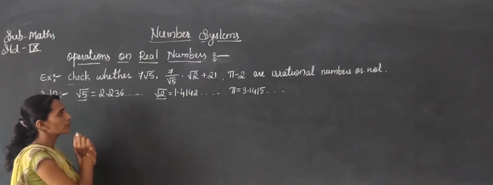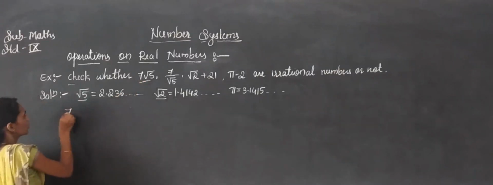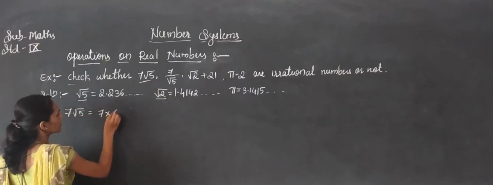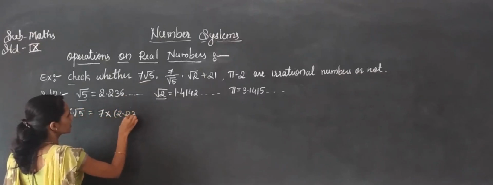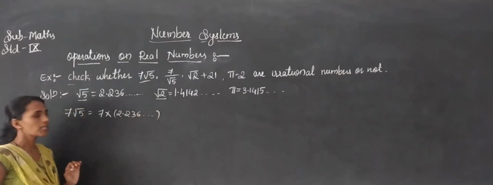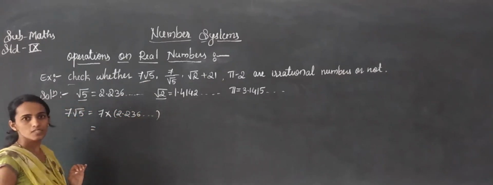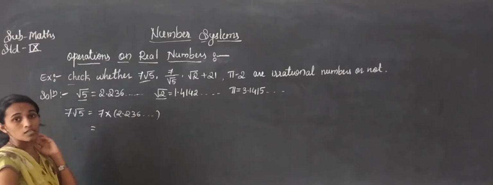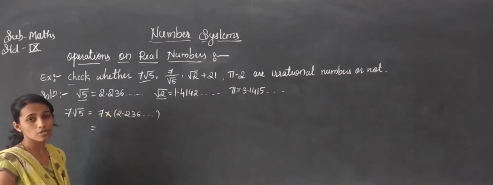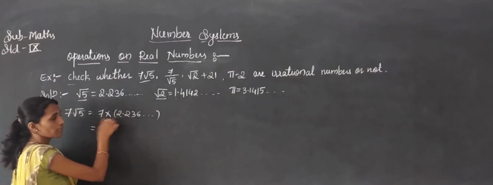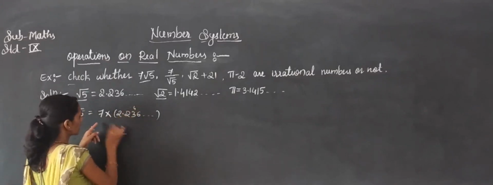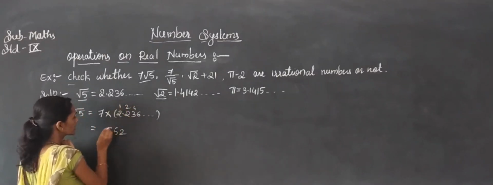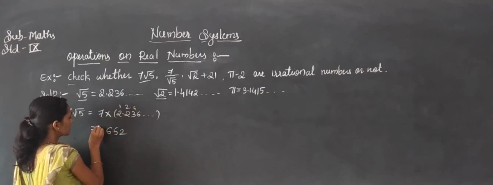If these are non-terminating, the first example is 7 root 5. Here the value of root 5 is 2.236, and so on. We multiply 7 by it, and then check whether it gives a rational or irrational number. 7 times 6 is 42, 2 carry; 7 times 3 is 21 plus 2 is 23, 2 carry; 7 times 2 is 14 plus 2 is 16; 7 times 2 is 14, again that is 15.